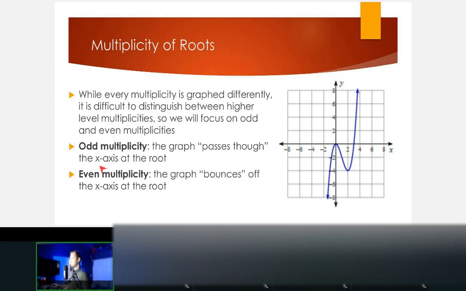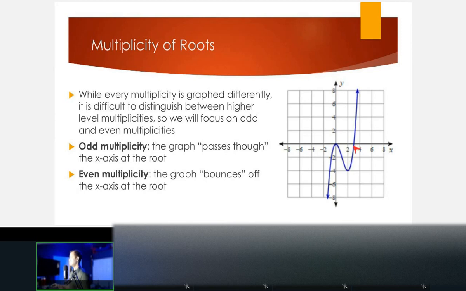So the easy one, well, I guess they're both kind of easy in their own respect. Odd multiplicity, these are the ones that pass through. So it could be one, it could be three, it could be five, it could be seven. But all odd multiplicities will pass through your x-axis. So right here, this passes through the x-axis.